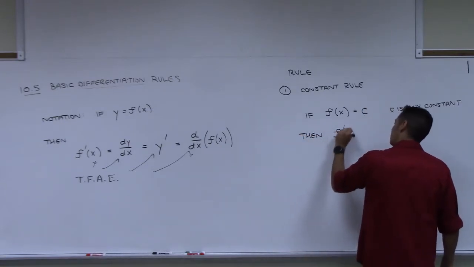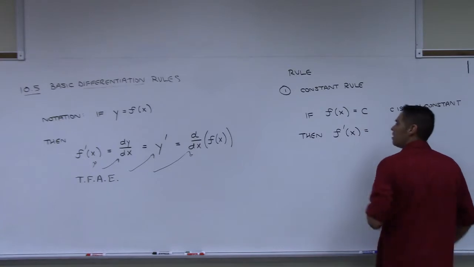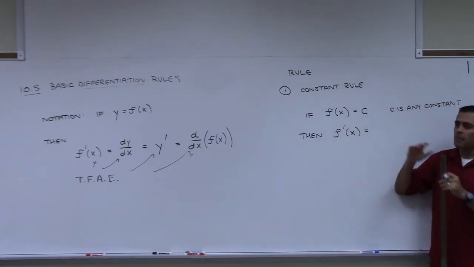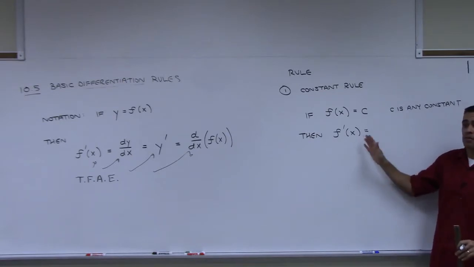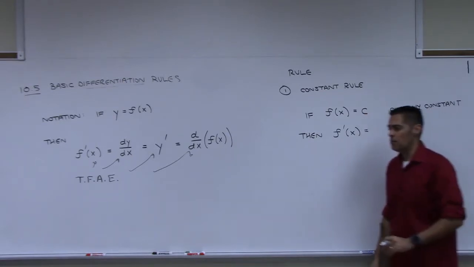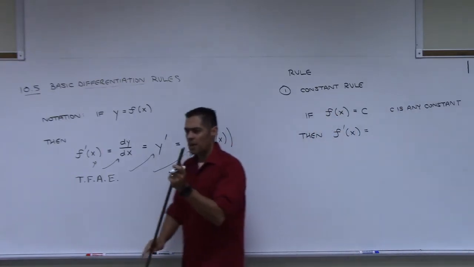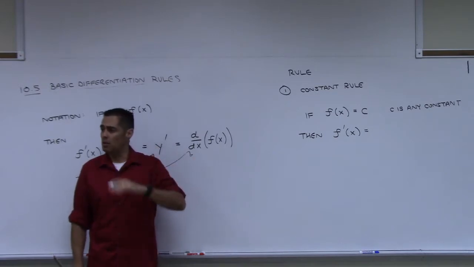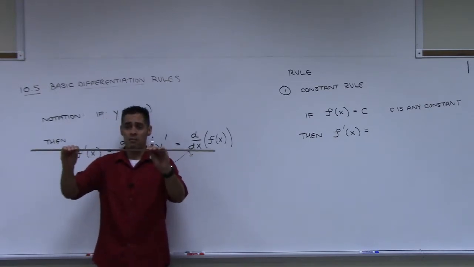f prime of x is, so we would have to do the limit, wouldn't we, to figure out what this is? But I'm giving you a shortcut right now. I'm going to tell you what the derivative is without us doing any limits. If your function is a constant, what do you think the derivative would be? So think about this. What does a constant function look like? If I ask you to graph it, what does it look like? Flat line, horizontal, right?